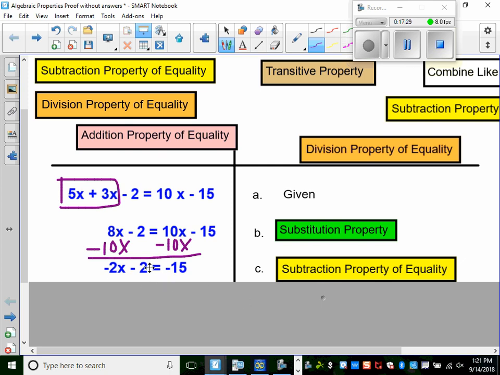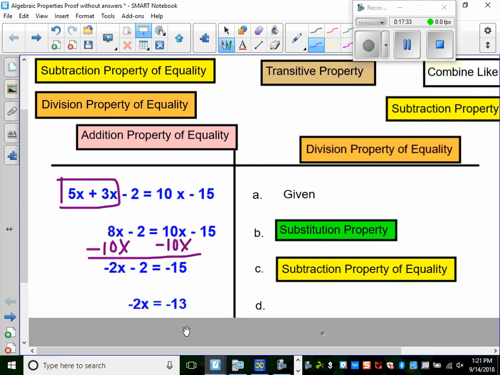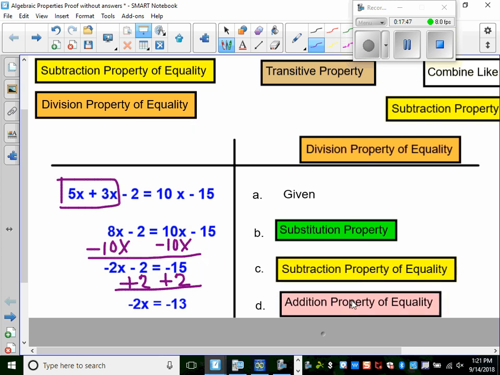All right, now we're going to move this constant over. So that means now we need to add 2 to both sides. So what property is that? Yes. Addition. I mean, it's not even rocket science, guys. I'm adding, so it's addition property of equality.